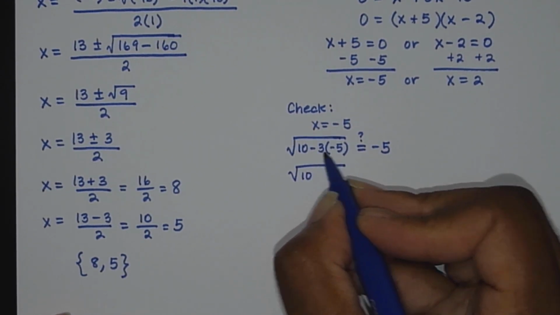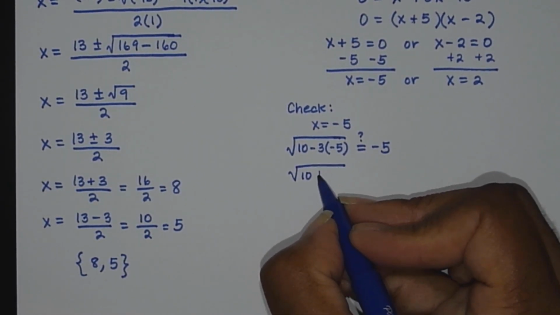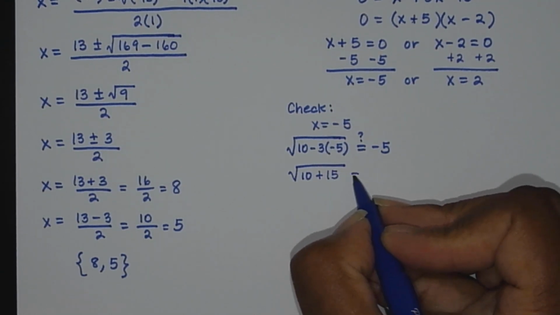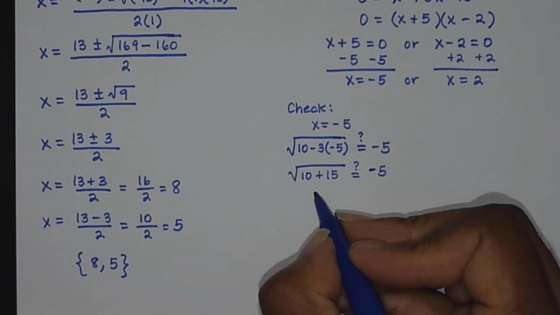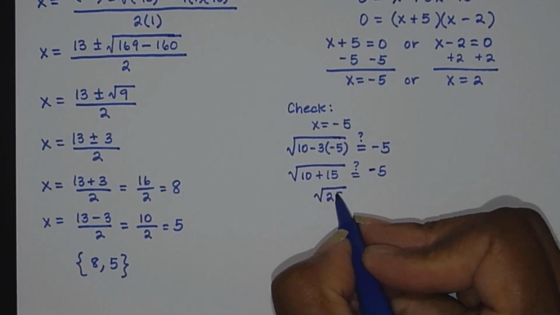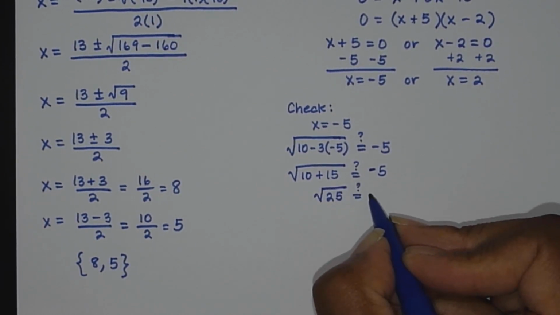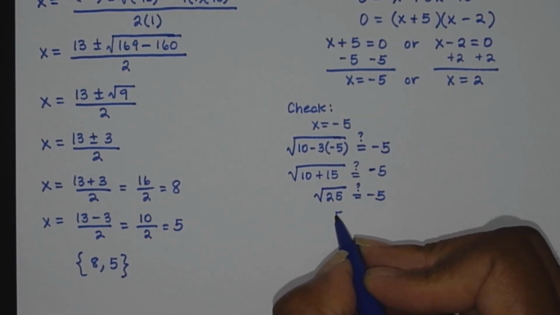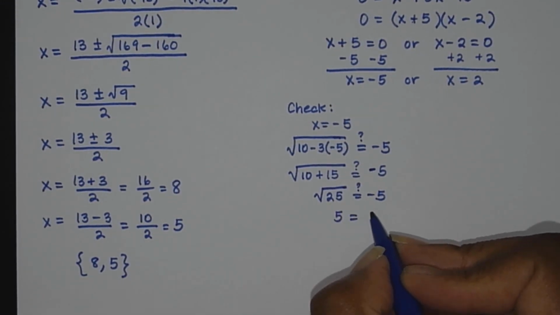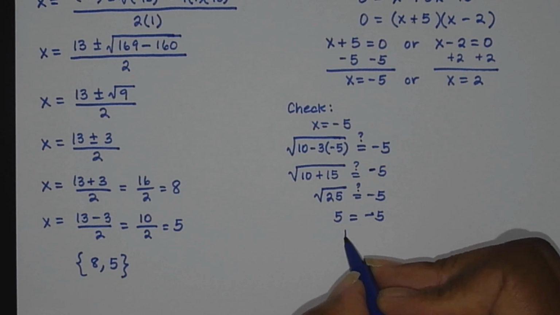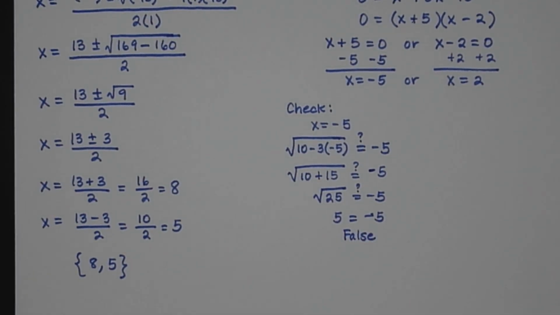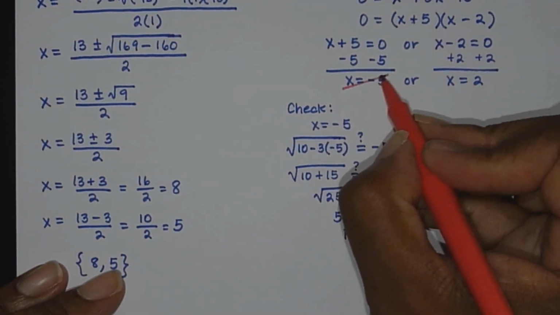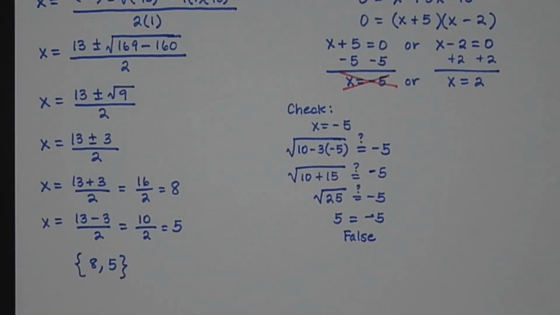Square root of 10 minus 3 times negative 5 would be plus 15. 10 plus 15 is 25, so if I take the principal square root of 25, that would be positive 5. Does 5 equal negative 5? No. So that's a false statement. So that means that x equals negative 5 is my extraneous solution. I can go ahead and cross that out.